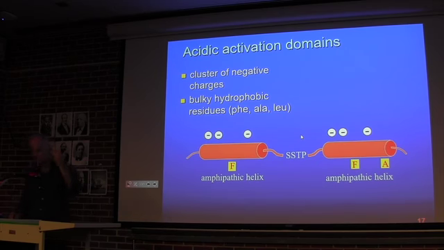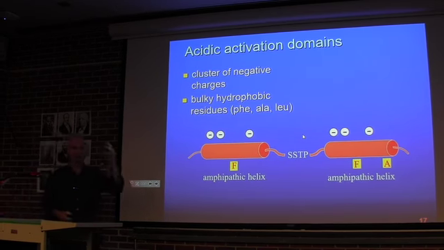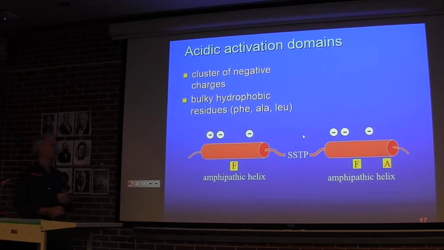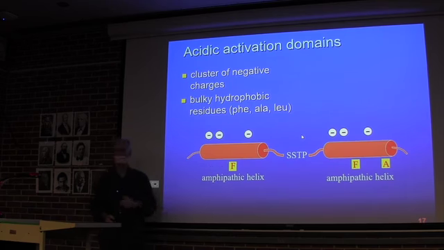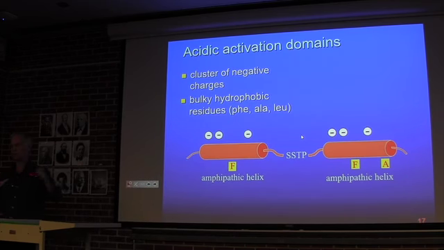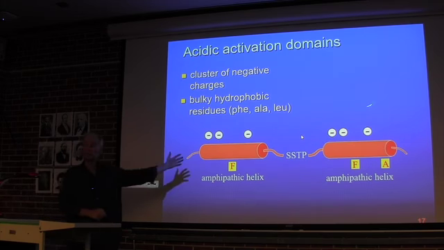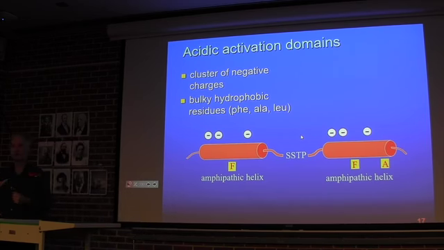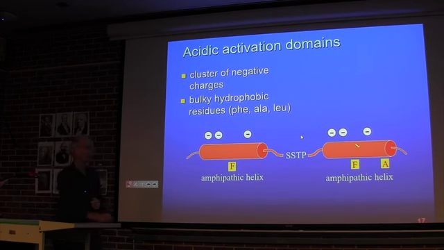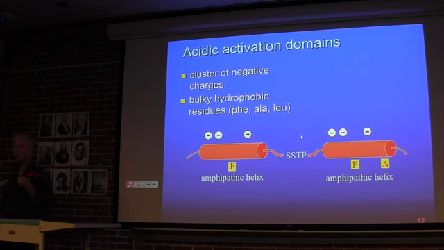The hinge helix, when it makes contact with the minor groove, becomes stabilized and actually forms a helix. These acidic activation domains have that same kind of property. They're pretty flexible until they actually come in contact with their target. What would be a target? Anything that a transactivator would recruit. We don't know much about the target sites, how to build one of those, but we do know how to build a very strong activation domain, build it into a transactivator.